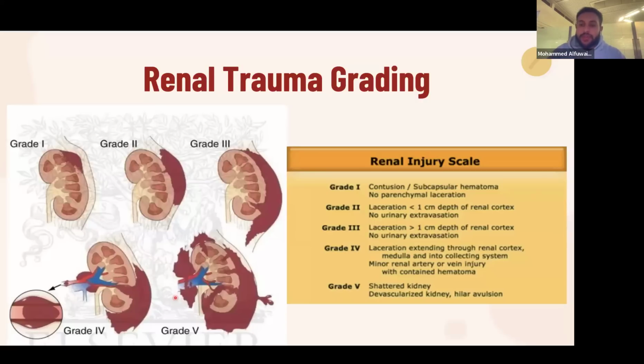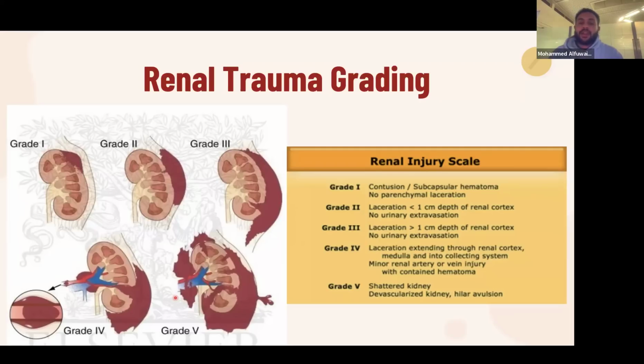Tamam? Now to test you guys. If I have a renal injury, trauma, that goes 3 centimeters into the renal cortex, does not affect the medulla, what grade is this? 3. It's more than 1 centimeter depth into the cortex.